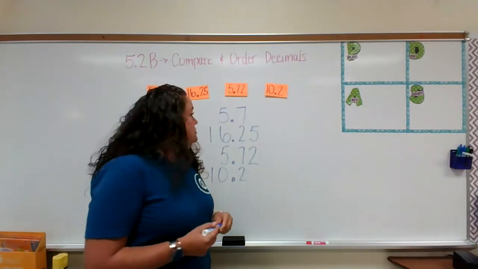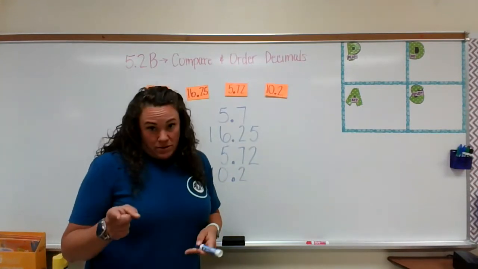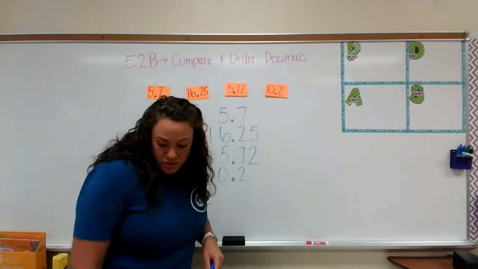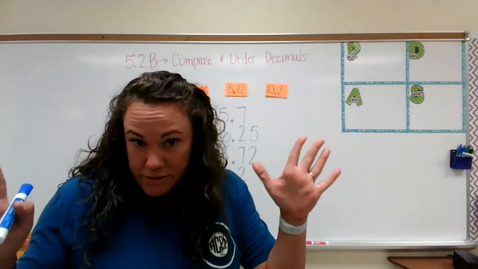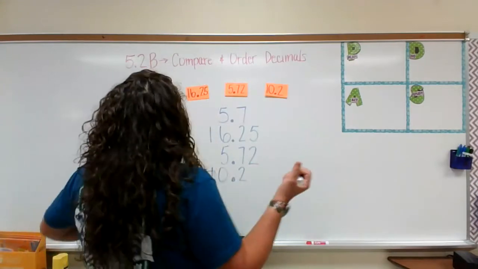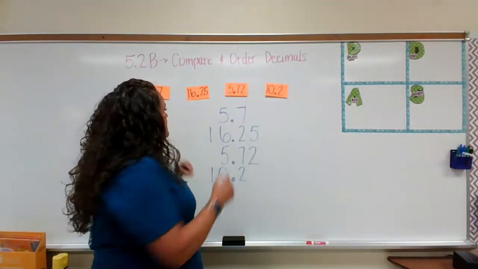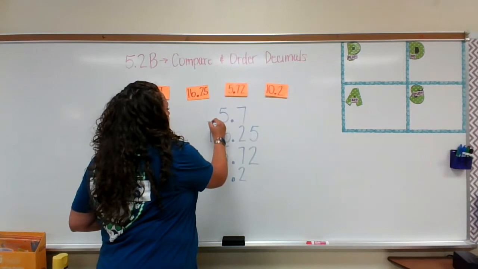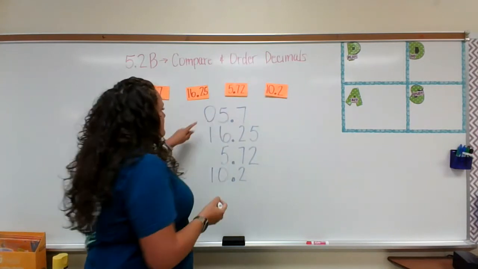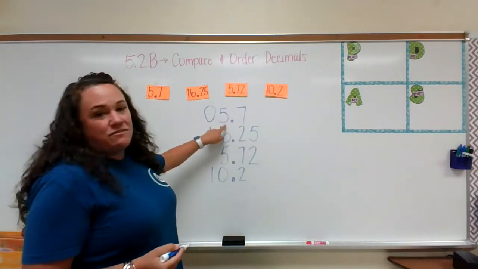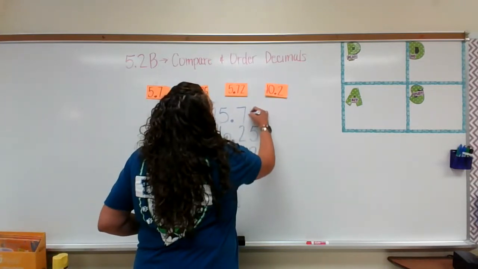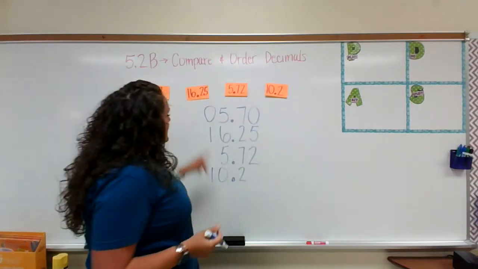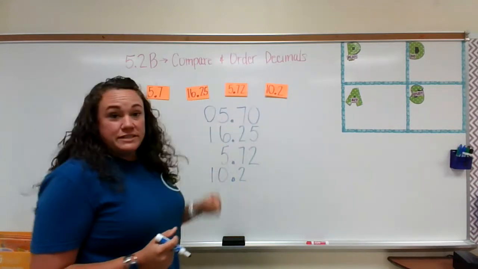So I like to put zeros as placeholders, and I like to call those zeros ghost characters. I'm going to put a 0 here, because it does not affect the value of this number, and a 0 here. Now I have 4 digits.